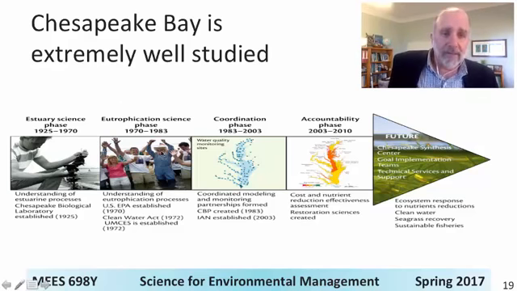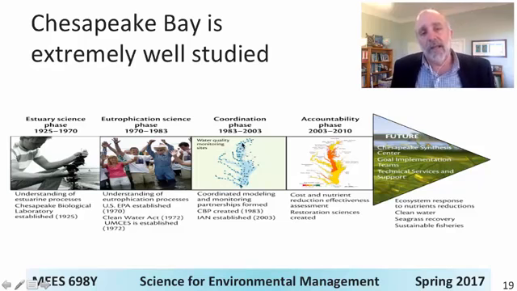And then starting in the 70s, a big study funded by the EPA, which many UMCES faculty were engaged in, was this eutrophication science, to really understand the role of nitrogen and phosphorus in driving these algal blooms and dead zones. And then starting in 1983, with the formation of the Chesapeake Bay Program, we ended up with water quality monitoring coordinated between the states, and modeling, starting with a physical model out at Kent Island and moving to computer models.